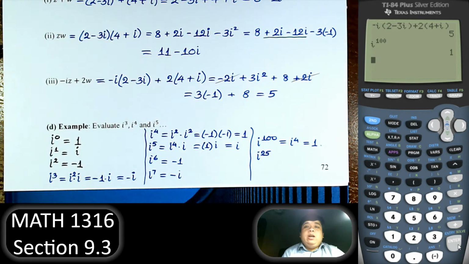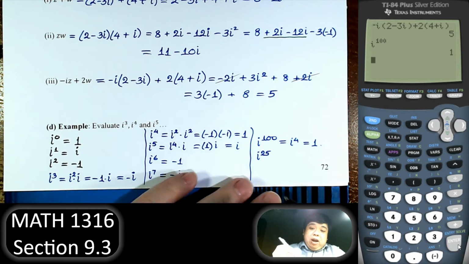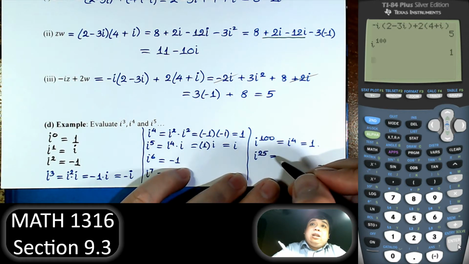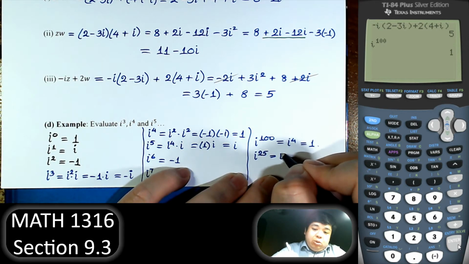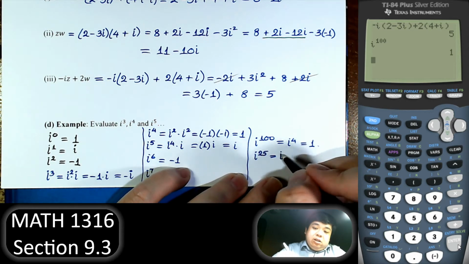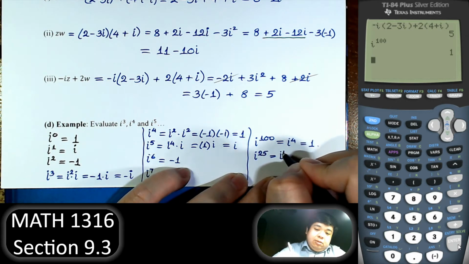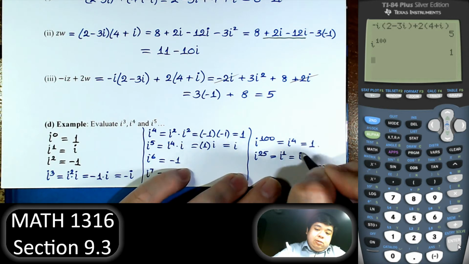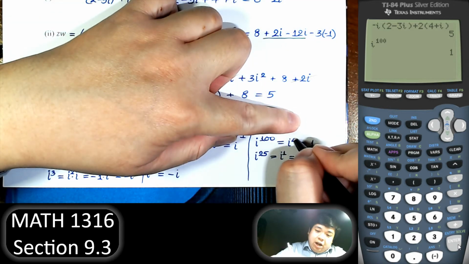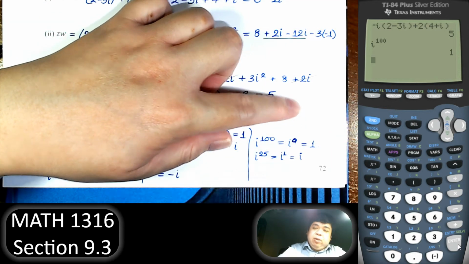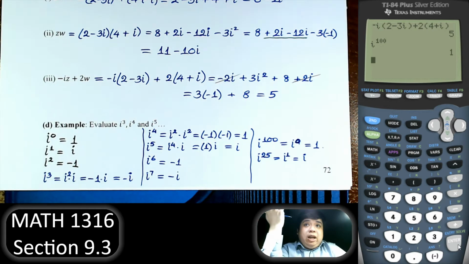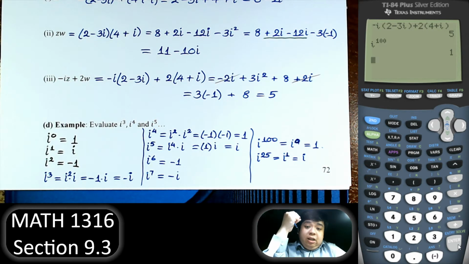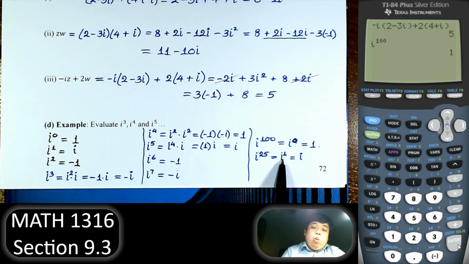25 divided by 4, the remainder is 1. So in that case, this is the same thing as i to the remainder. By the way, we could say i to the 0 power is fine. So when we raise i to any power, we just take i raised to the remainder when we divide by 4.